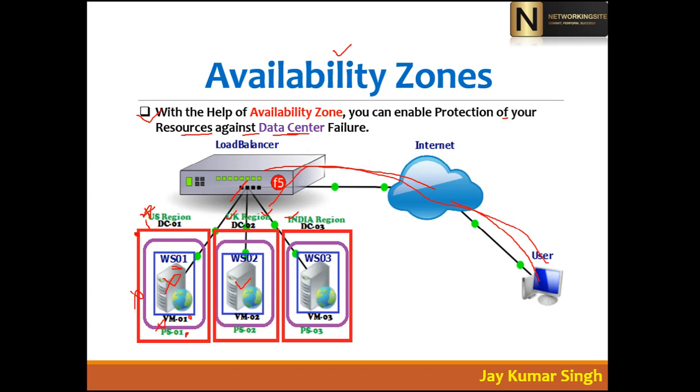If the US and UK both have power or network problems, no problem, access from India. You cannot say that in the entire world there is no power, so there will be no such possibility. At any cost you can access your data.